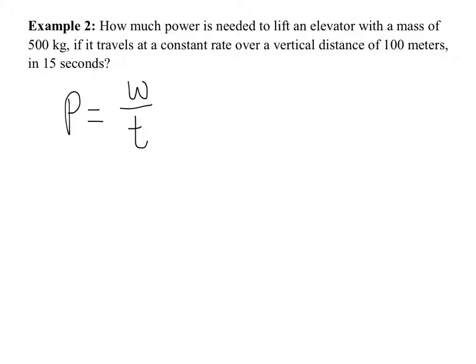T is in the denominator, so time is inversely related to power. As the time it takes to complete a task goes up, you have less power. Power goes down. If the time it takes to complete a task goes down, power goes up. We can see how those are inversely related. So we'll see that in this problem here.